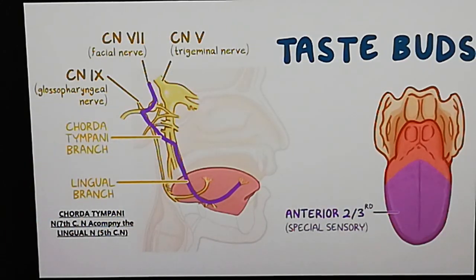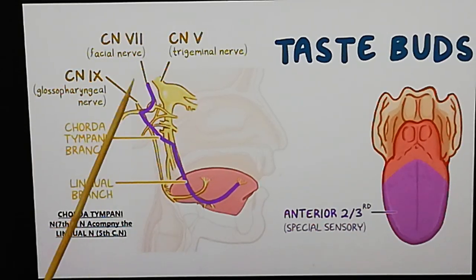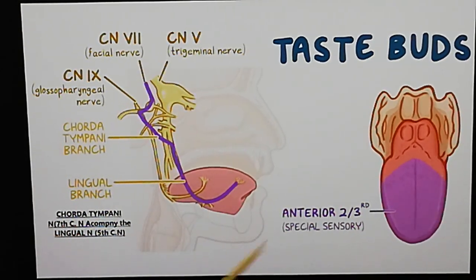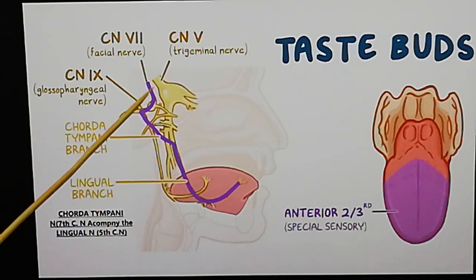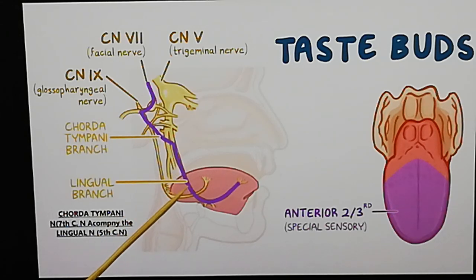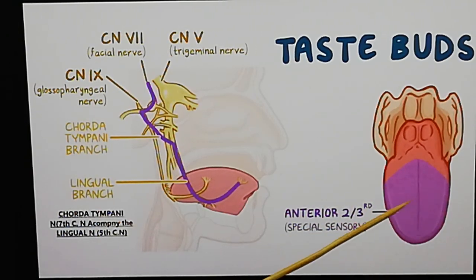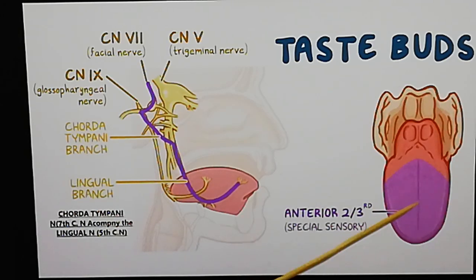Taste buds help us taste various things, so it is a special sensation. The facial nerve through its branch, the chorda tympani, accompanies the lingual branch of the trigeminal nerve and comes up to the anterior aspect of our tongue, so it acts as the special sensory nerve of our anterior two-third of the tongue.